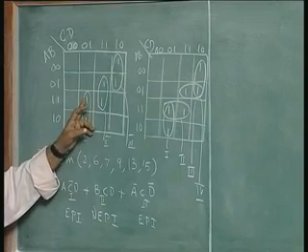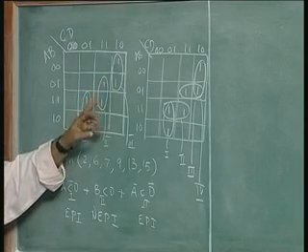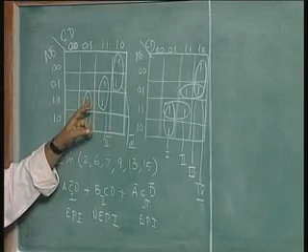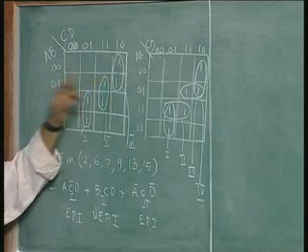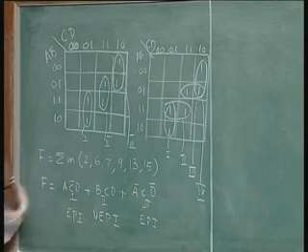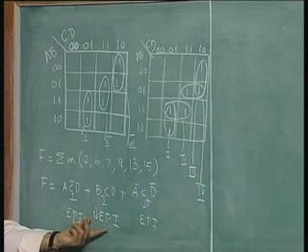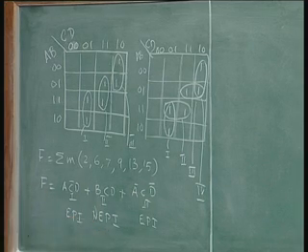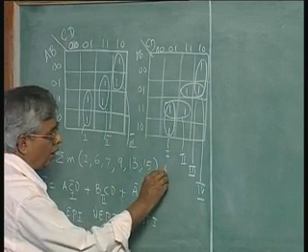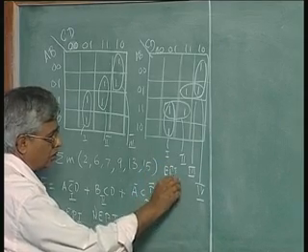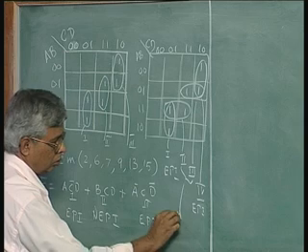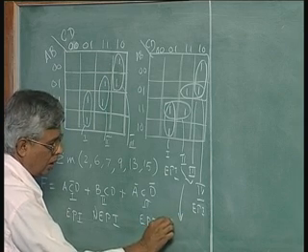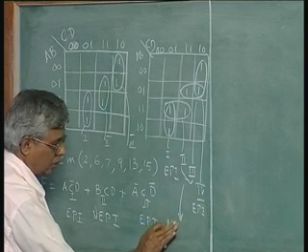So, this is a non-essential prime implicant because this one could have been combined with this to get another term, this 2 in this case, this term could have been combined with this term to get another term, just 3 in this case. So, this is a non-essential prime implicant, but by the same argument 1 and 4 are EPIs and 2 and 3 are non-essential prime implicants.